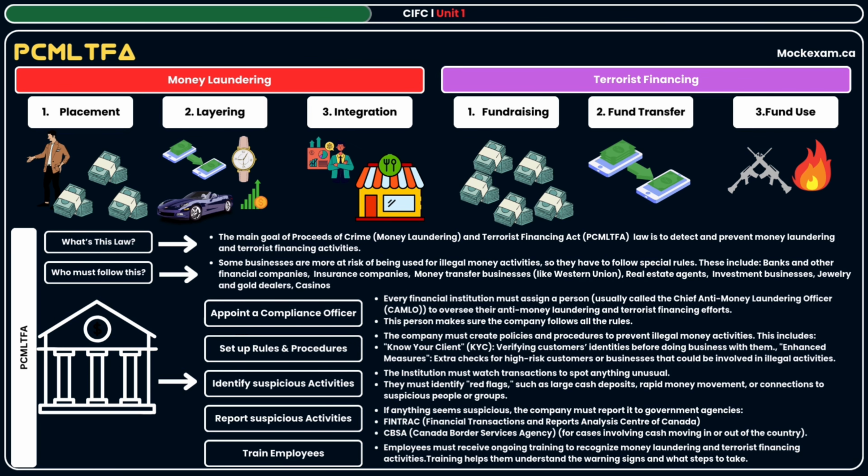How would an employee know which transaction is a red flag or not? Okay. I mean, they may know it if they pass this tutorial. I'm just kidding. But financial institution must train their employees, okay? And it's not just a one-time thing, it's ongoing because rules change over time.